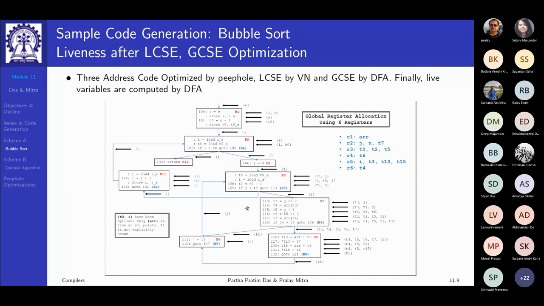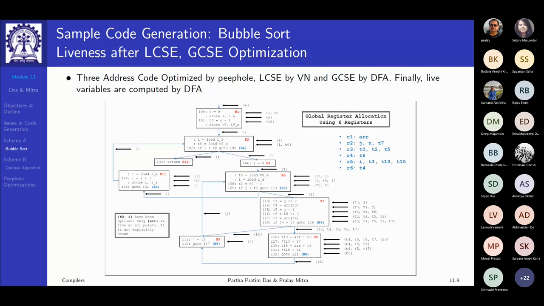So with these, all of these get significantly shortened. And finally, the live variables are computed. And based on that, global register allocation using Chaitin's algorithm has been done.